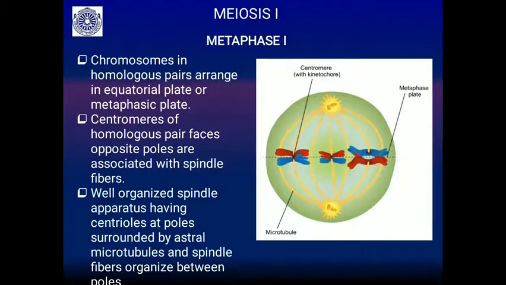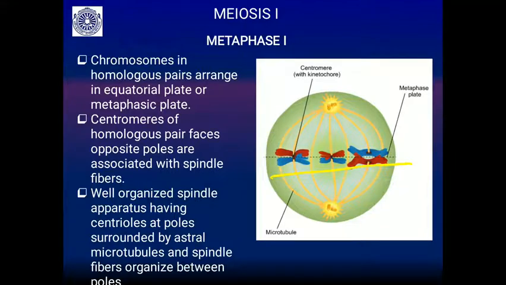Prophase I is followed by metaphase I. In metaphase I, you will find the chromosomes in homologous pairs arranged on the equatorial plate or metaphasic plate. You can see the centromeres of the homologous pair face opposite poles. They are associated with the spindle fibers, as you see here.